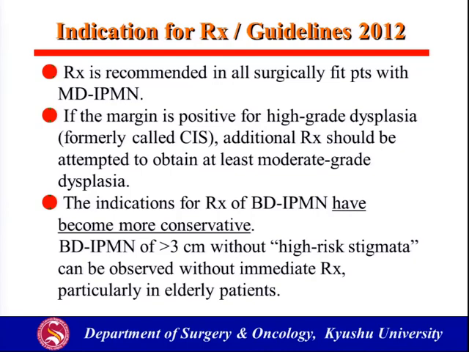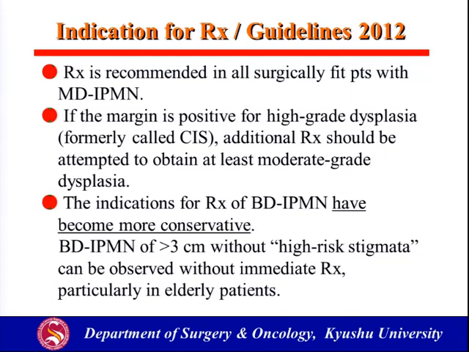Now, with regard to the indication for resection of IPMN, resection is recommended in all surgically fit patients with main duct IPMN. If the margin is positive for high-grade dysplasia, additional resection should be attempted to obtain at least moderate-grade dysplasia.